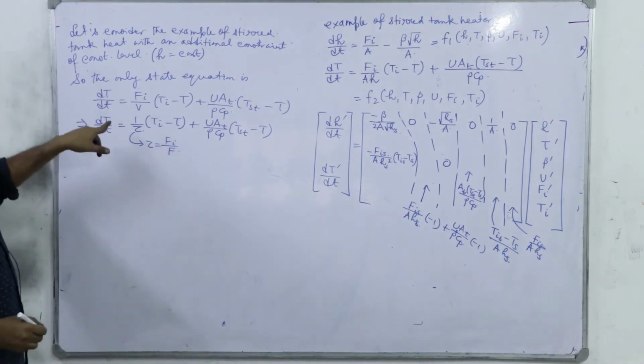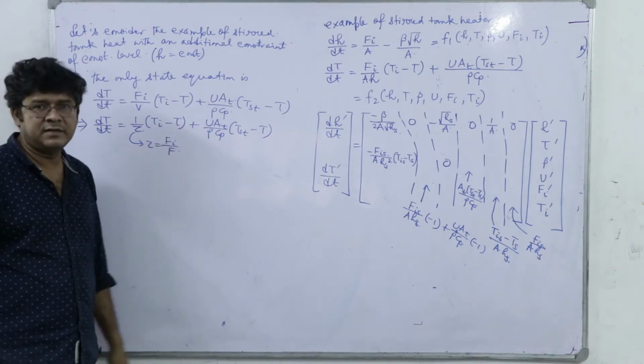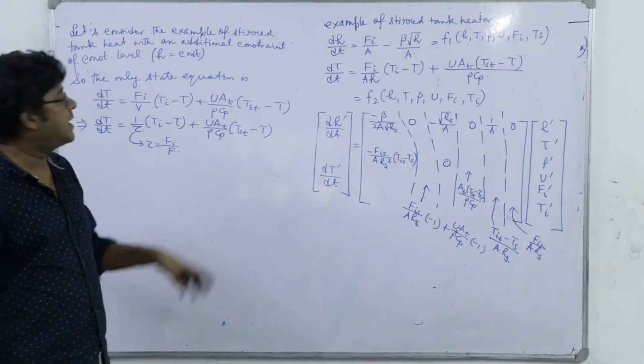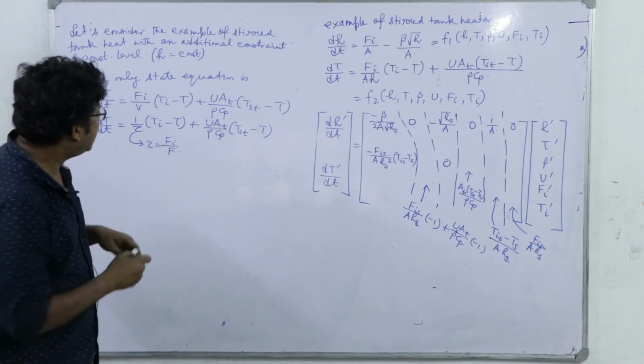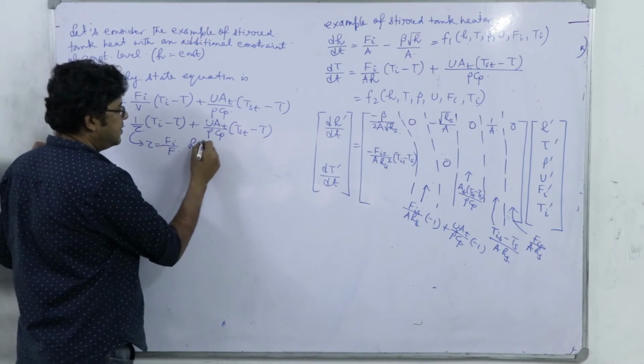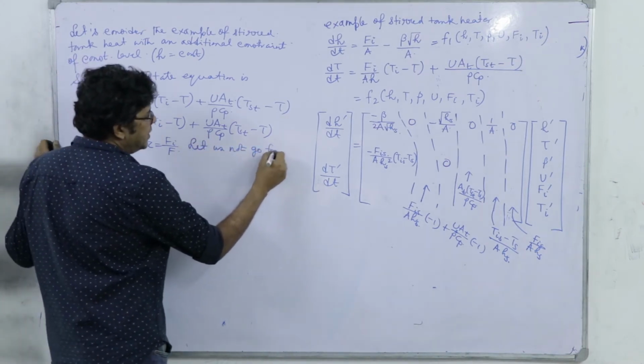Now, you see this is also nonlinear because U is the manipulated variable and T is the state variable, and they are in product form. But hypothetically, let us not go for linearization.